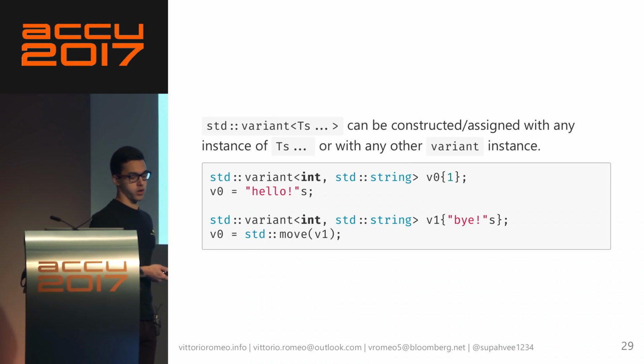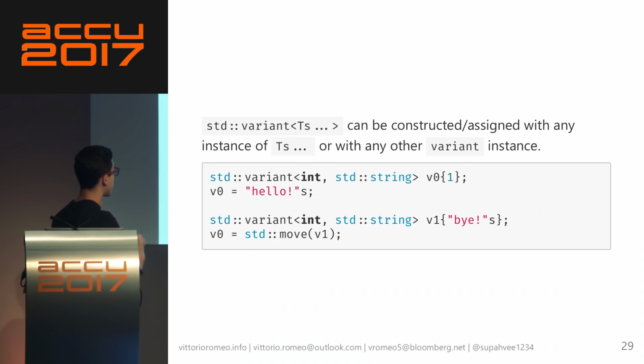And since we're going to use it, I think it's a good idea to take a quick look at its interface and see how you would use it in normal code. So std::variant of some types can be constructed or assigned with any instance of the types or with any other variant instance that has the same parameter pack.